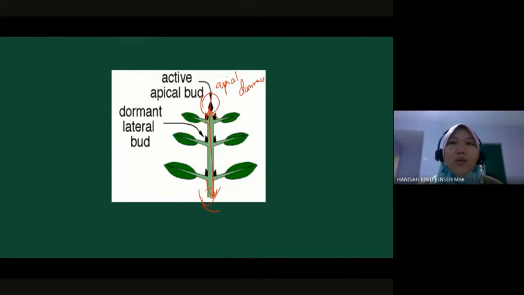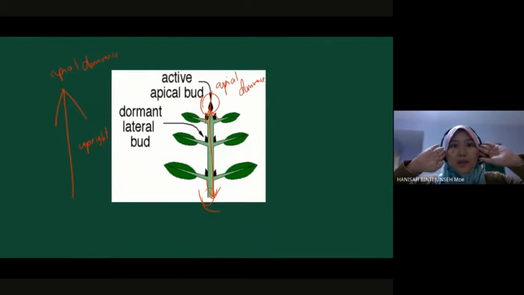So when we say auxin helps to stimulate the development of apical dominance, we know it will be upright, where it will become straight.